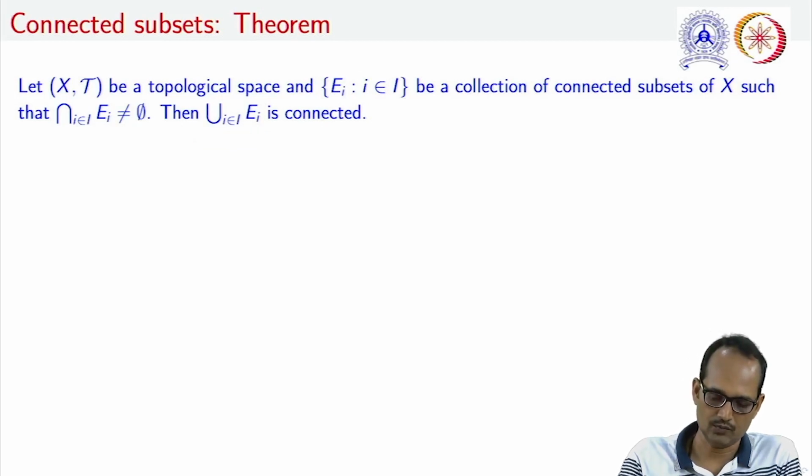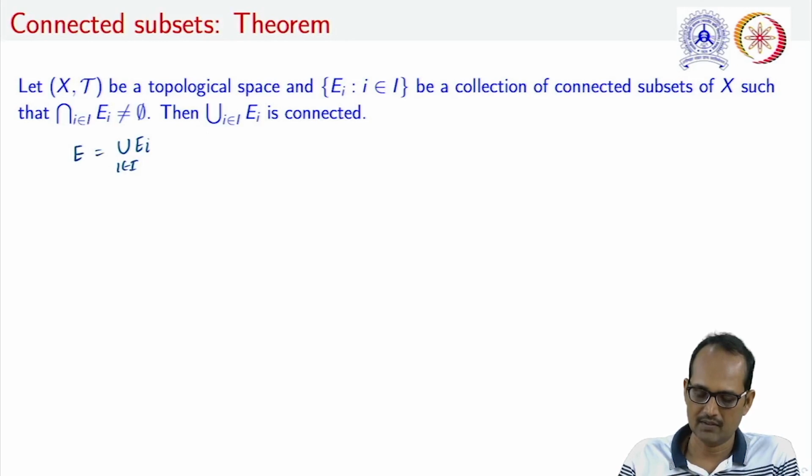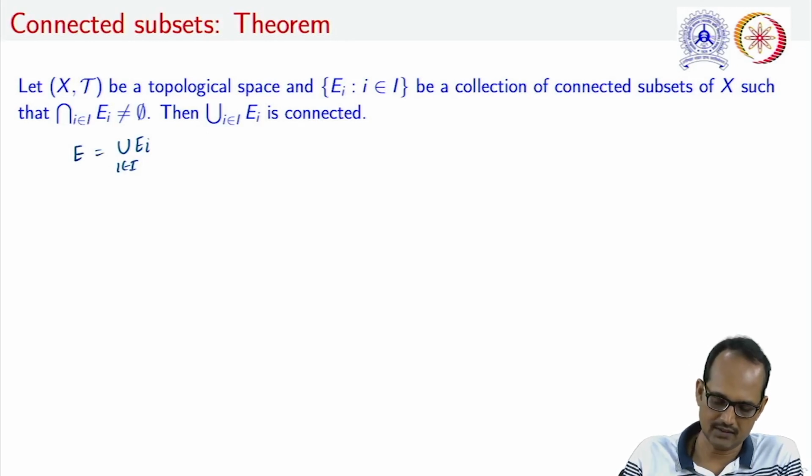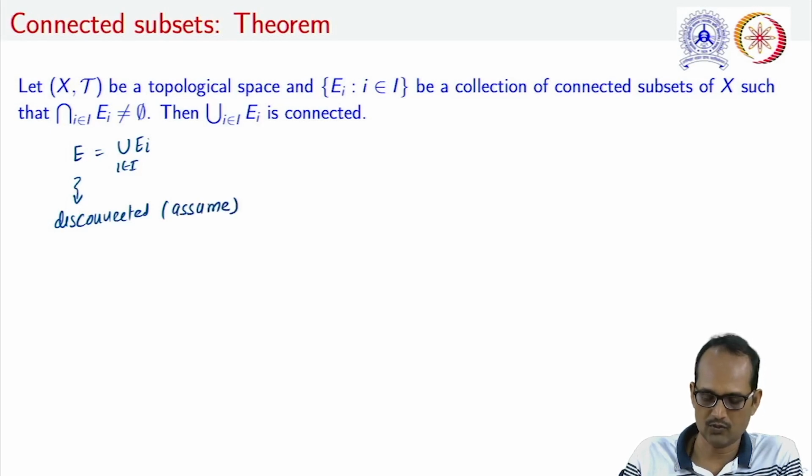In order to prove this result, let us take this union of Ei, i belongs to I, as a set E, and let us assume that this set is disconnected. So just we are assuming it, and we will show some contradiction. If this set is disconnected, what will happen?